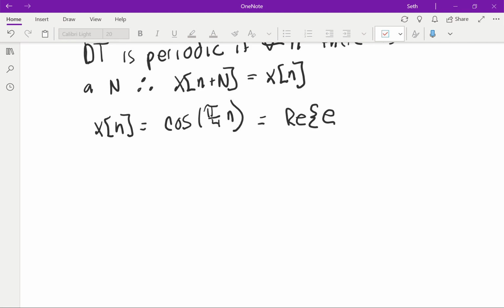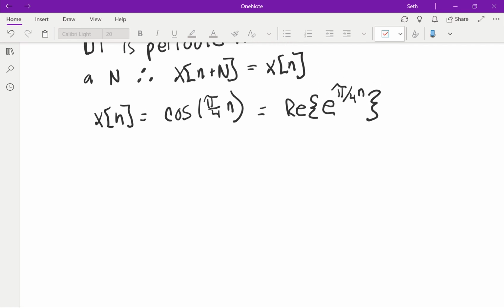And the way I'm writing it here is, of course, Euler's famous identity. Hopefully you know that by now. But if not, that's just cosine theta plus j sine theta equals e to the j theta. Just makes that a little more clear.